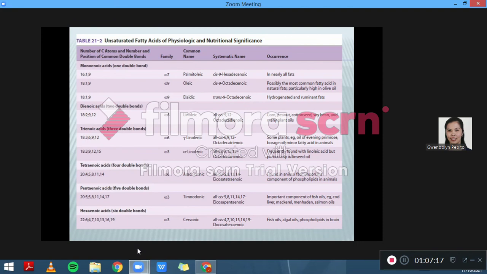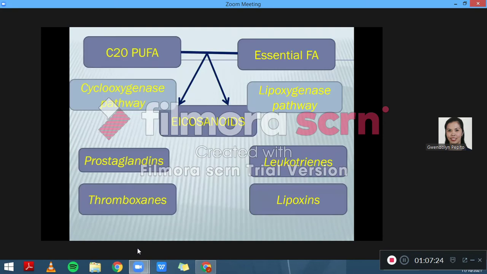So what are the eicosanoids that we are talking about? These are review for tomorrow's exam, and you discussed this last week.